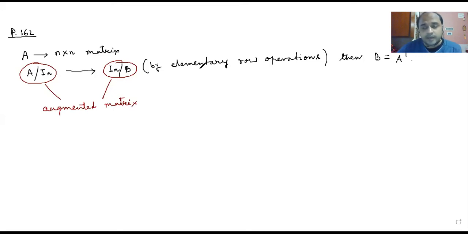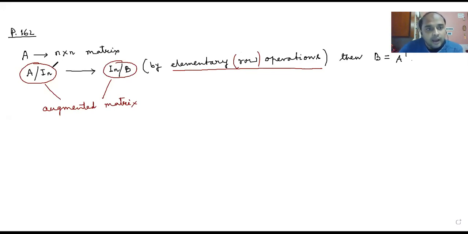But in this result, you are supposed to apply elementary row operations only, not column operations. Specifically, it is mentioned. Maybe there are some reasons for that, so you have to find it out by yourself.